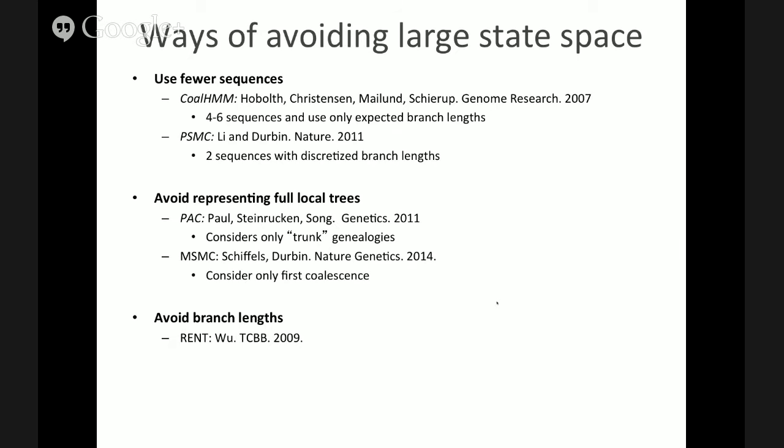You could think about ways of avoiding modeling the entire local tree, approximations such as trunk genealogies, or thinking about just the first coalescence in any local tree. You could think about treating it as more of a combinatorial problem and avoid modeling branch lengths.